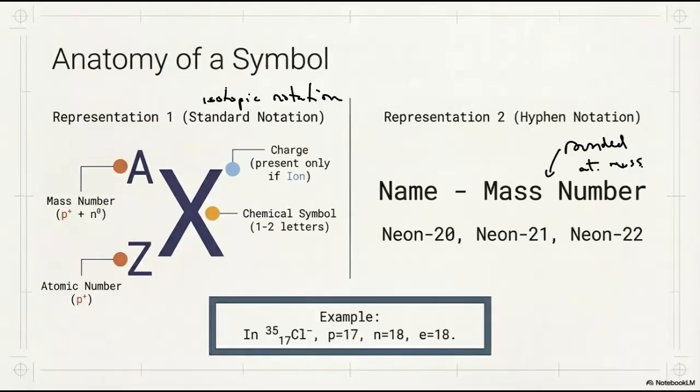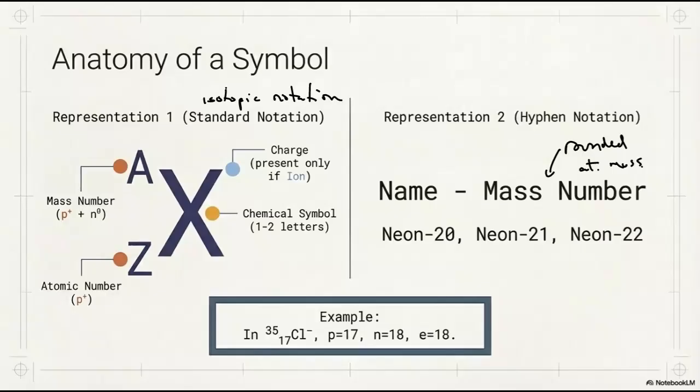Can I have a fraction of a proton? Can I have a fraction of an electron? No, I can't. I either have an electron or I have a proton. So by rounding the atomic mass to a mass number, I'm making sure that I'm dealing with whole numbers that represent whole particles.